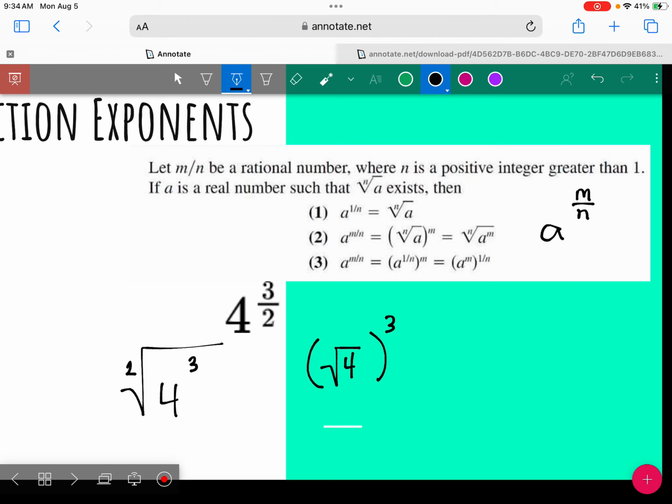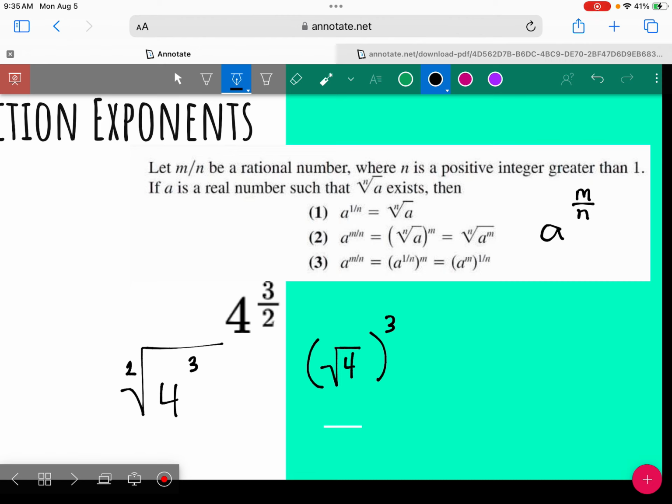Either way is fine. One of those ways will feel less gross for your brain. Either way, we're going to get to the same answer, because it doesn't matter which order we do it in. They happen at the same time, order of operations wise.